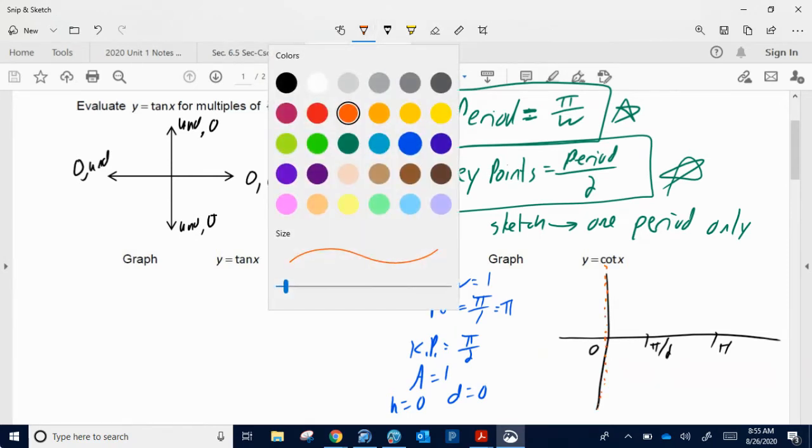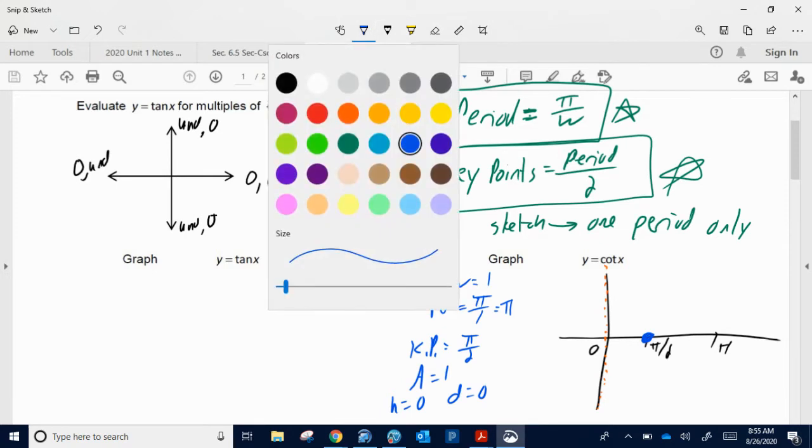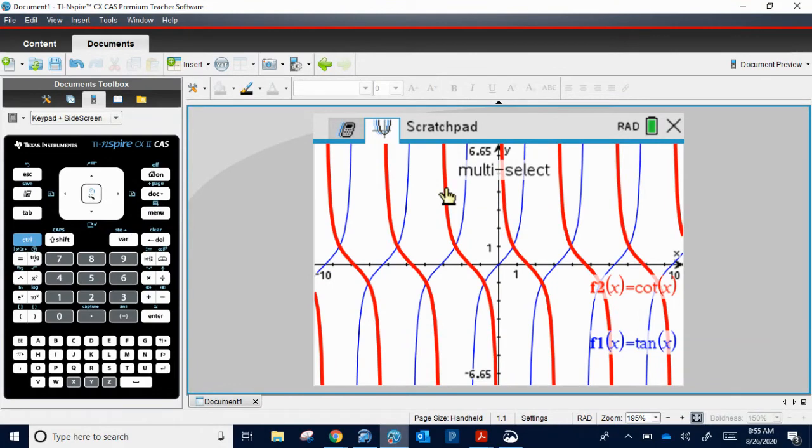At pi over 2, we said that cotangent equals 0. And at pi, cotangent is undefined. There's your other asymptote. And if you remember back to our calculator, cotangent is the one in red, we can see that cotangent is decreasing.